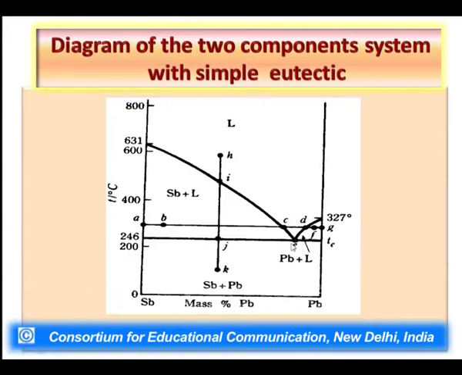And what is the mass percentage? Antimony is in lesser proportion and lead is in greater proportion. So it is very close to the 100% axis of lead, but it still is away from it, and the eutectic exists at 246 degrees Celsius, at a lower temperature.